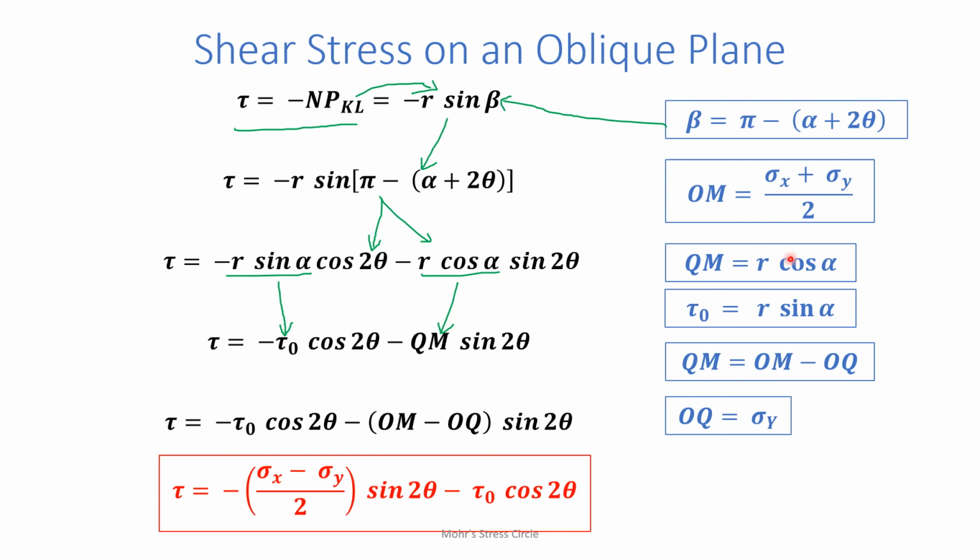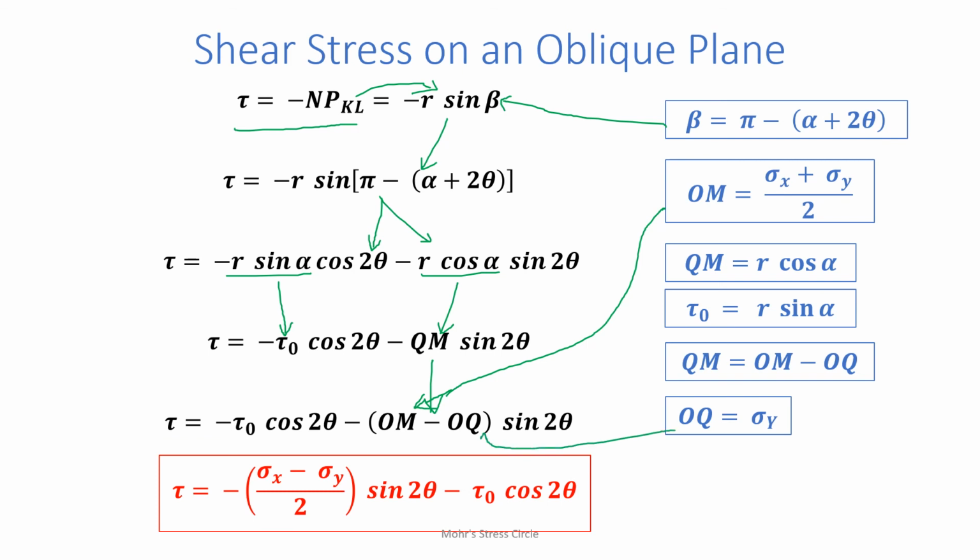QM is OM minus OQ, so we substitute like this. OM is this, sigma x plus sigma y by 2, and OQ is this.